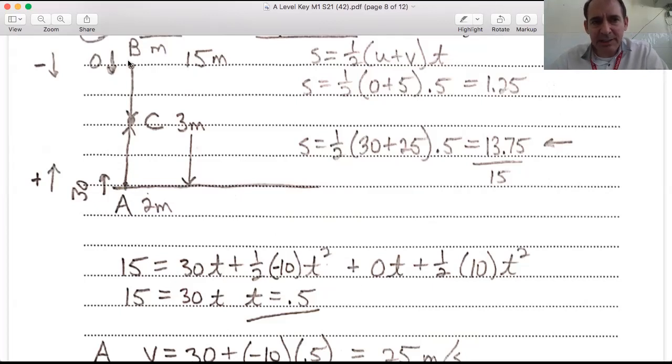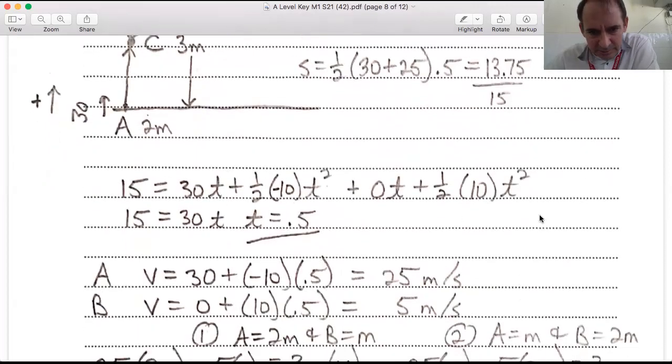Then for object B, our point of orientation is now changed. It's up here. So initial velocity of 0 because it's released at rest, plus 1/2 times a times t squared. Now the acceleration is going to be positive because from B's point of reference, gravity is pulling us away from the origin, not back toward it like with A. So with A it's -10, and with B it's +10.